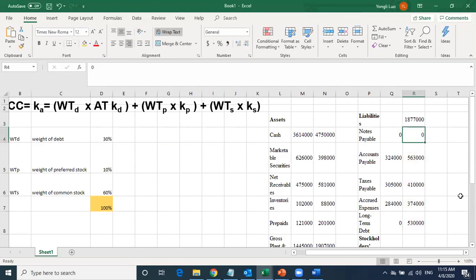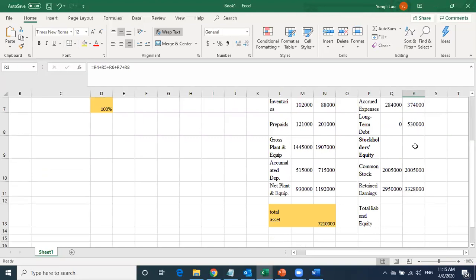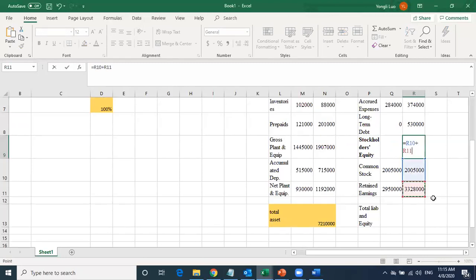You add them up, that's your total liability. Now you have your stockholders' equity. Your total owner's equity is common stock plus your retained earnings.